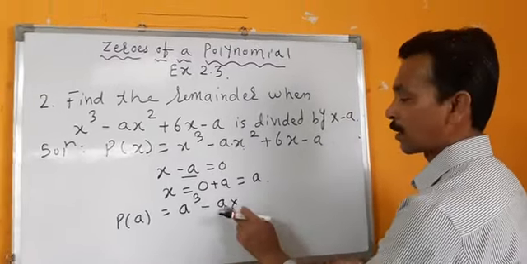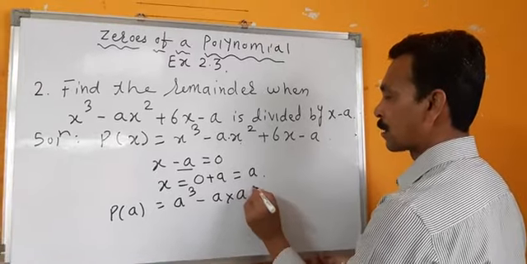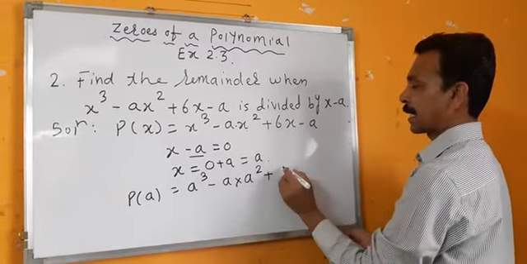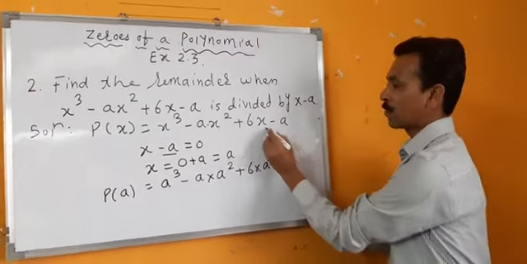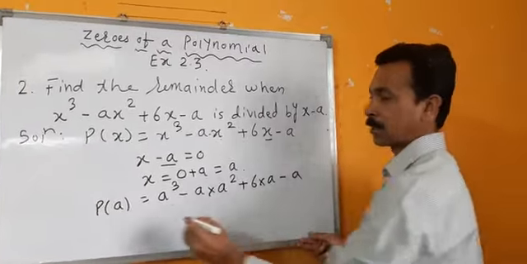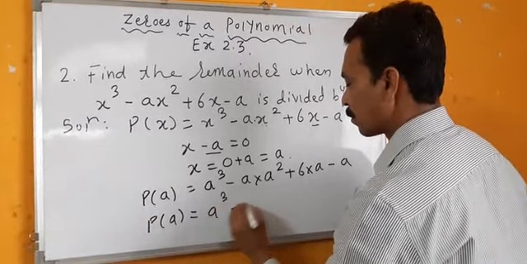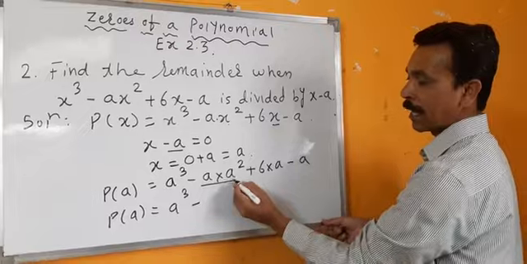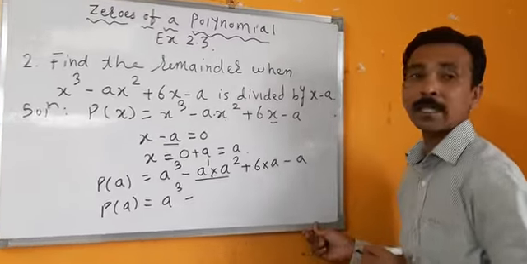Ax square means a into x square. So it becomes a into, what is x? a. That becomes a square. Plus 6x means 6 into a, because the value of x is a. Right? p of a is equal to a cube minus a into a square. What is a into a square? a means a raised to 1.